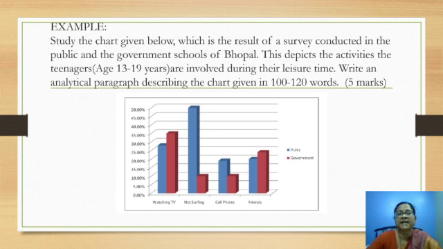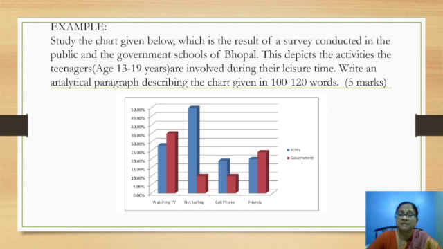This depicts the activities the teenagers aged between 13 to 19 years are involved in during their leisure time. Write an analytical paragraph describing the chart given in 100 to 120 words. And as I have told you earlier, the question carries 5 marks.